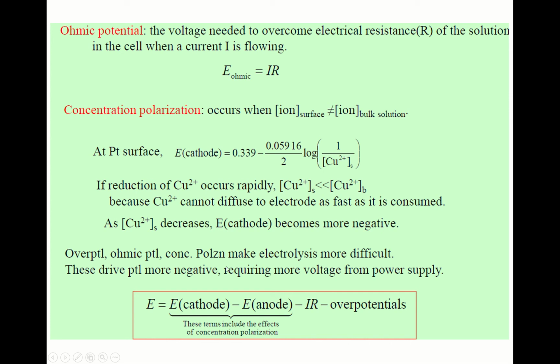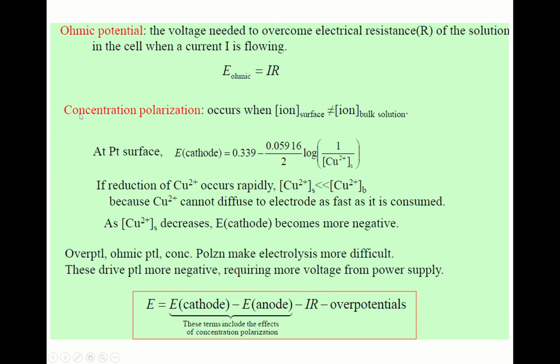So far we have considered three effects that affect cell voltage: activation overpotential, ohmic overpotential, and concentration polarization. They make electrolysis more difficult. The ideal case is that there is no overpotential.